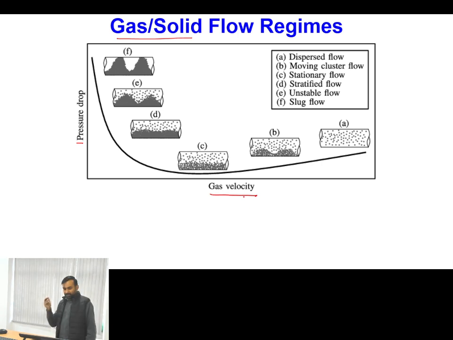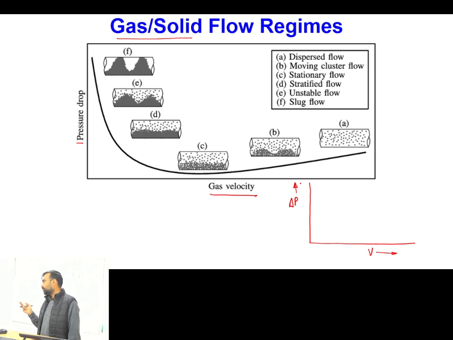Okay, so typically from our understanding of fundamental fluid mechanics, we know that if we have delta P, pressure drop, along the ordinate and fluid velocity along the abscissa, then in case of single phase flow inside the pipeline, we have two types of regime. One is the laminar flow regime and the other is the turbulent flow regime.